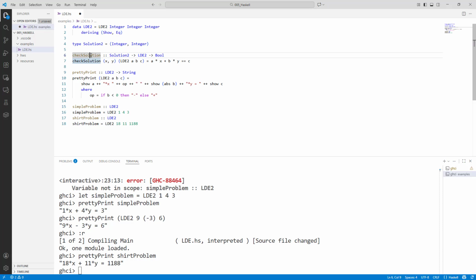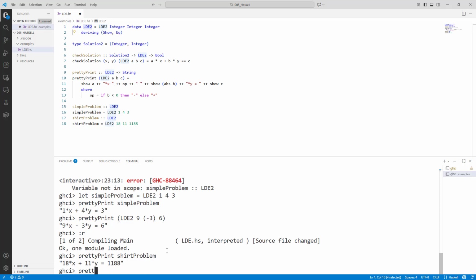And in this function we were using one of Haskell's best features, called pattern matching. So what else did we do? We used our own algebraic data type called LDE2, and we managed to test our equation multiple times.